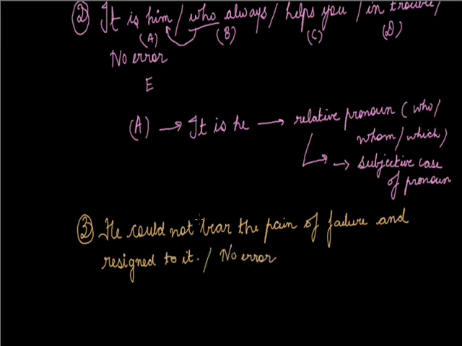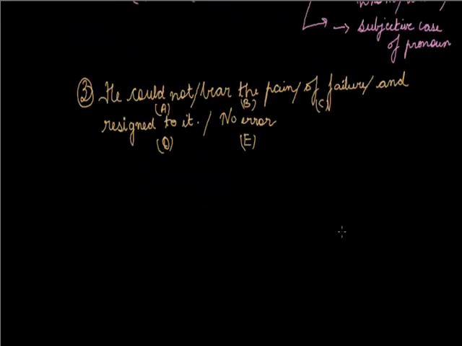A, B, C, D, and E. So here the sentence has been divided in 5 parts, and there may be an error in any part of the sentence. Tell me which part contains error. You don't have any idea? Okay, I tell you. The error is in part D.